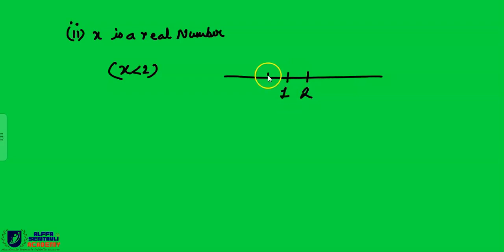Like 1 is given, 0 is given, so 0.5, 1.5 can also come as a solution, minus 2, minus 3, up to minus infinity, right? Since x is less than 2, we cannot take exactly 2 as the solution. You have to take all the numbers which are less than 2. But you cannot take 2 exactly, right?